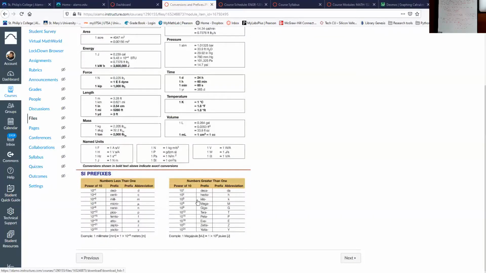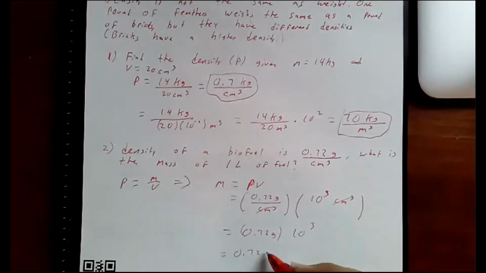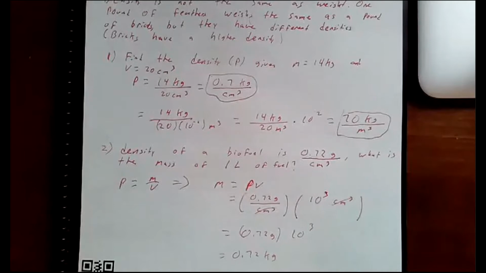See how K is 10 to the third. So I can just change that to kilograms. So this will be simply 0.72 kilograms. But you could multiply that in and move the decimal, but then it would be like 720 grams or something like that.